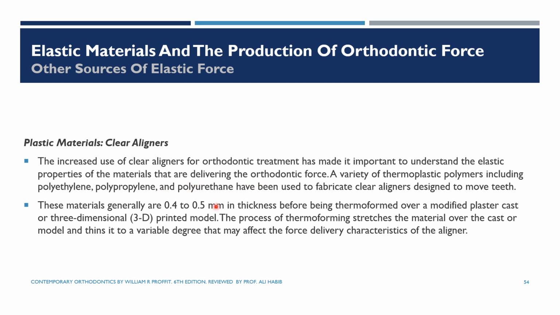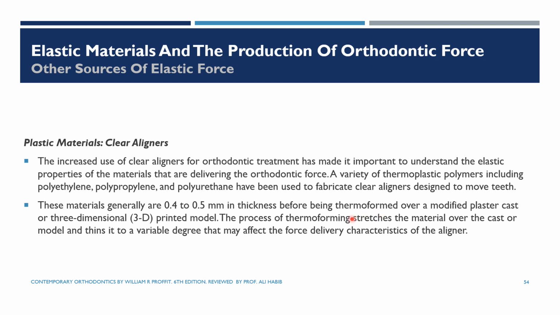Polyurethane is one of the most commonly used in manufacturing clear aligners. These materials are generally 0.5 or 0.4 millimeter in thickness before being thermoformed into the aligner that you know about.